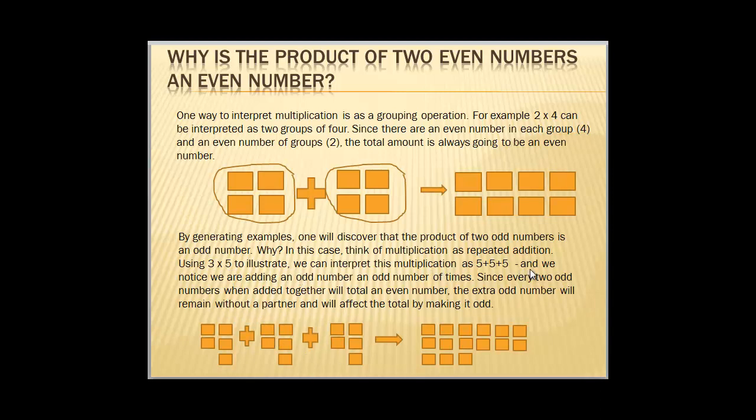You notice when you add them together, you've got an odd number, right? If you were adding just 2 groups of 5, then it's going to be an even number. But you've got 3 groups, so there's always going to be a leftover that does not have a partner. So again, since every 2 odd numbers added together is going to be an even number, then the extra odd number that we have here is going to remain without a partner. So again, it's going to make it an odd number.